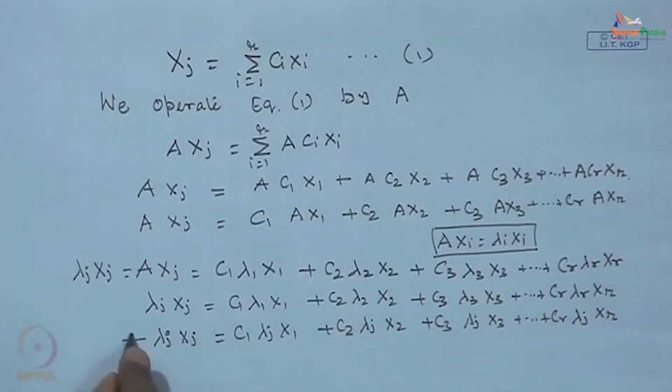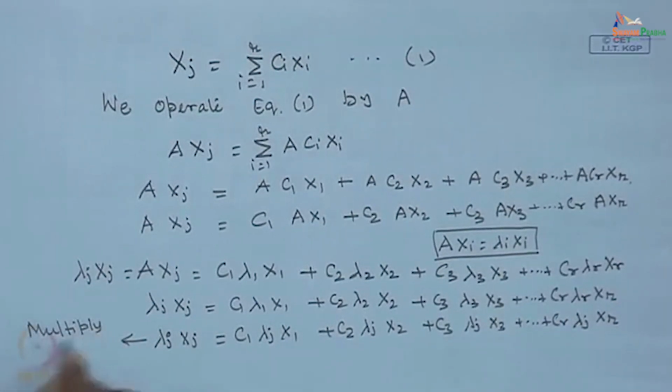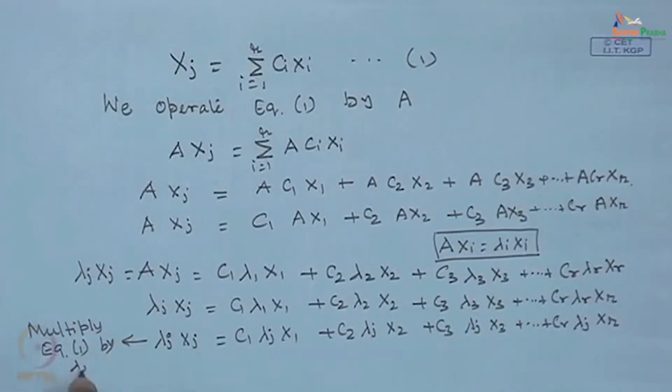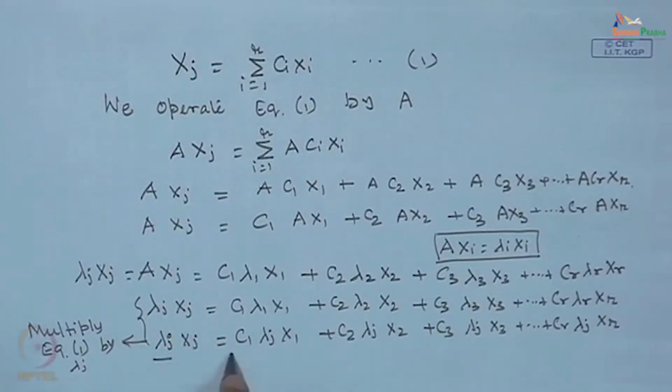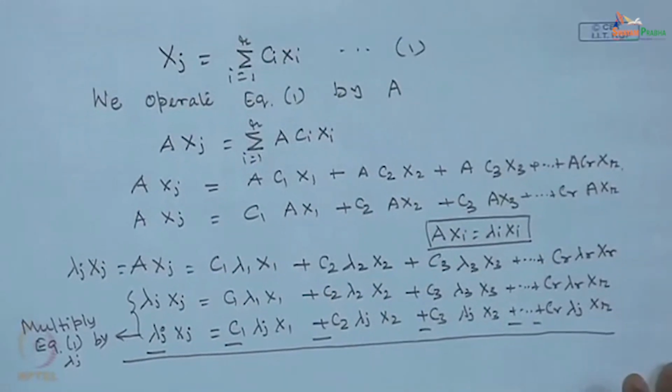This we get by multiplying equation 1 by lambda j. Then we subtract this equation from that equation. So, we do a subtraction here and see what we get. If we do the subtraction, the left hand side will be equal to 0, and let us see what we get in the right hand side.